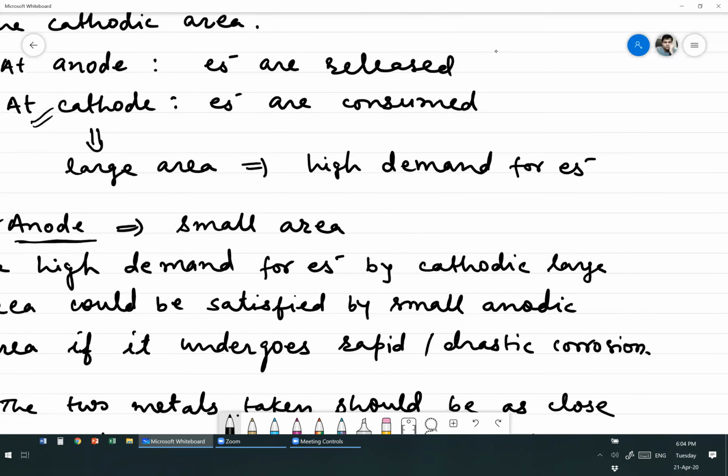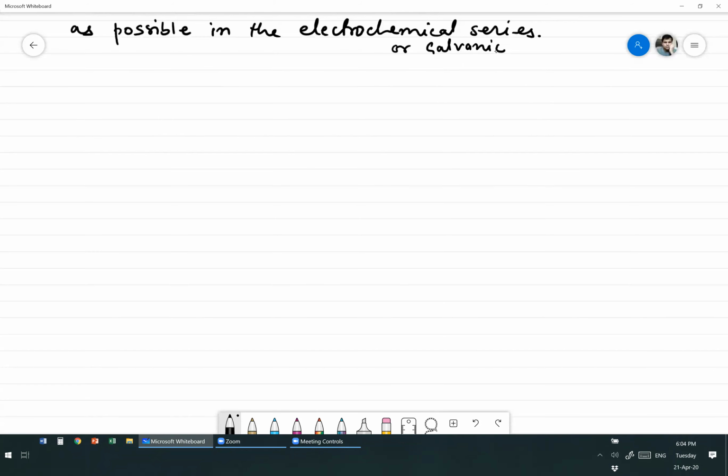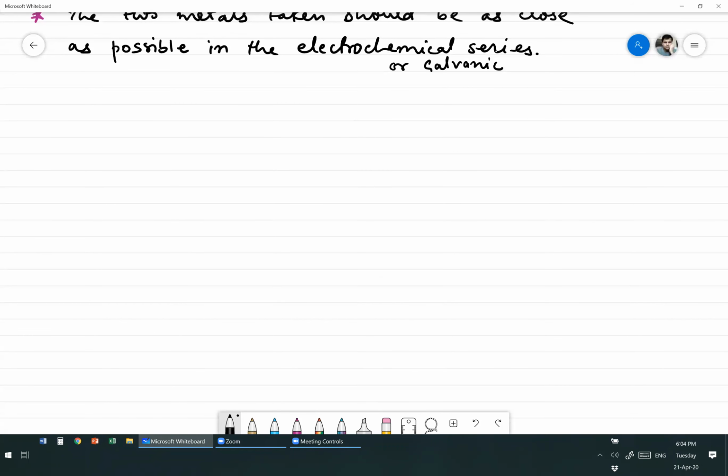All right. So now let's go to the second type of corrosion, which is called waterline corrosion.